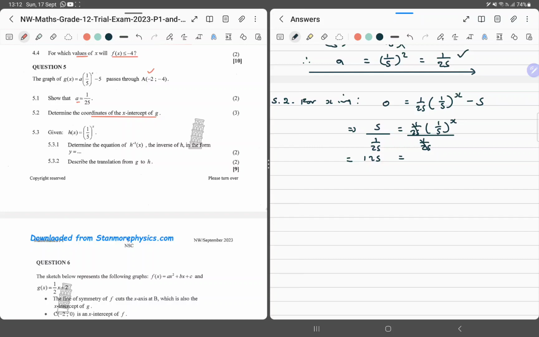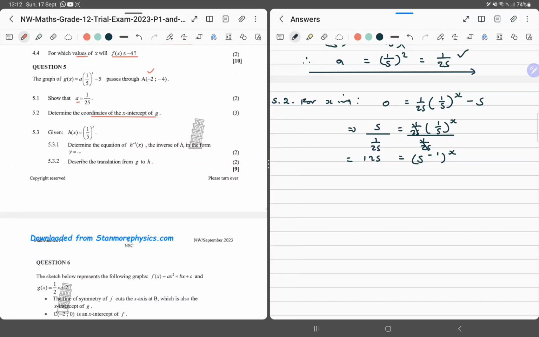Yeah, it's 125 equal to, so now what are we going to do here? Now we can just write it as a negative exponent. This is 5 to the exponent minus 1, all of that to the exponent x.